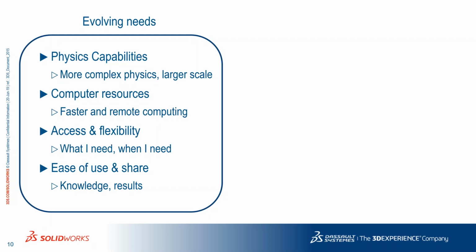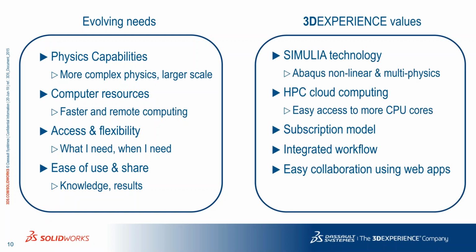So maybe in this case, faster and remote computing. Also, since we are talking about highly nonlinear stuff, so complex simulation, maybe you need them only when you really need them, not necessarily every day. And of course, you will need to share these results with your colleagues and all the stakeholders.